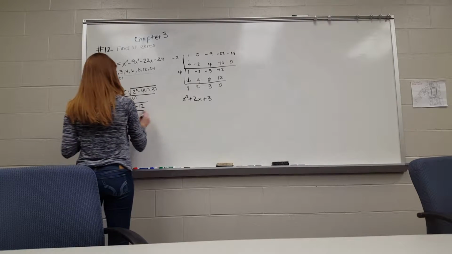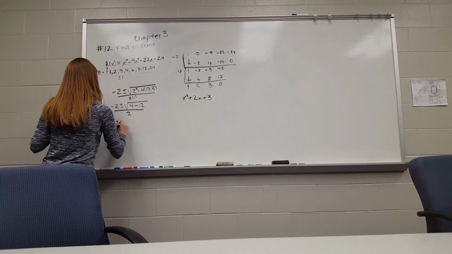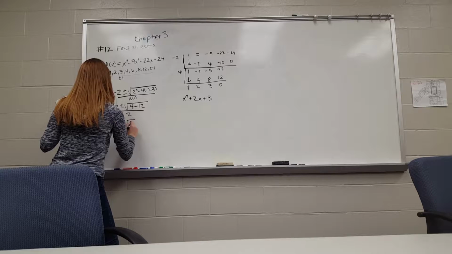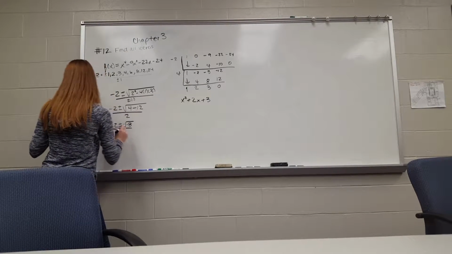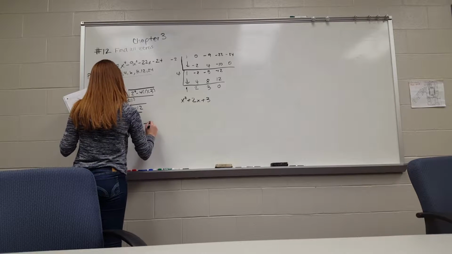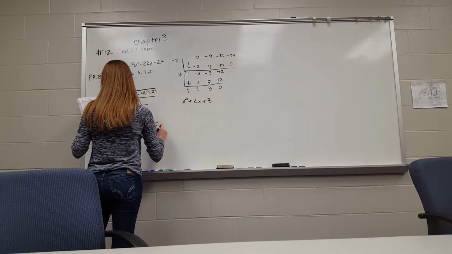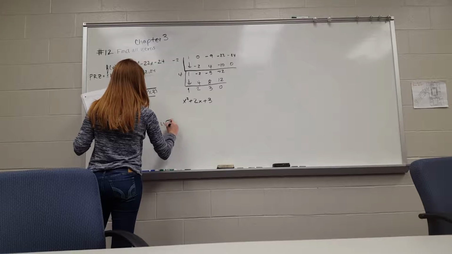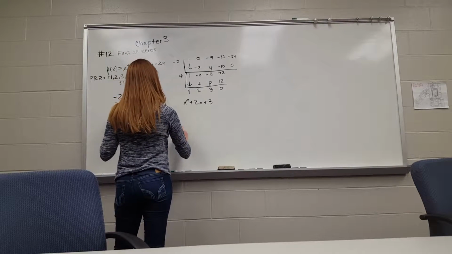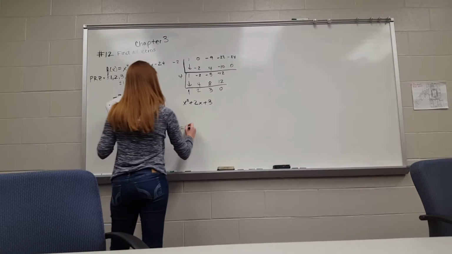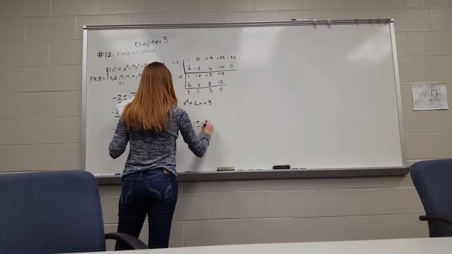And then that goes down to -2 plus or minus 8 divided by 2. And then you get -2 plus or minus radical 8 divided by 2. And then that breaks down when you divide it by 2 to -1 plus or minus radical 8.